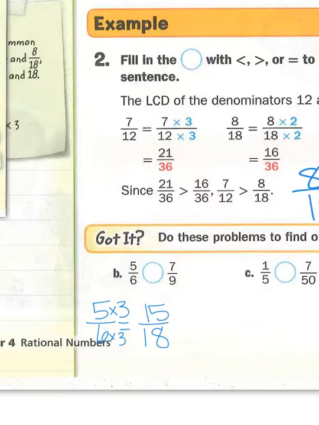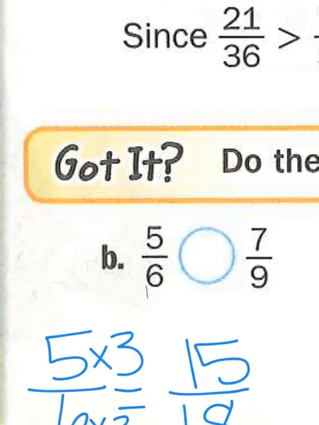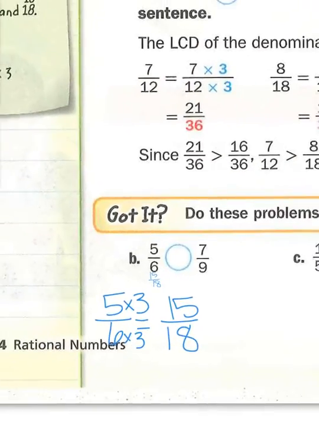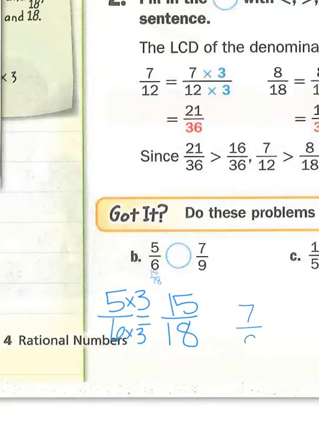Okay, so this would be the same. 5/6 is the same as 15/18. I'll write that underneath. Okay, and then for 7/9, we also want to get a denominator of 18. So to get from 9 to 18, we multiply by 2. 7 times 2 is 14.